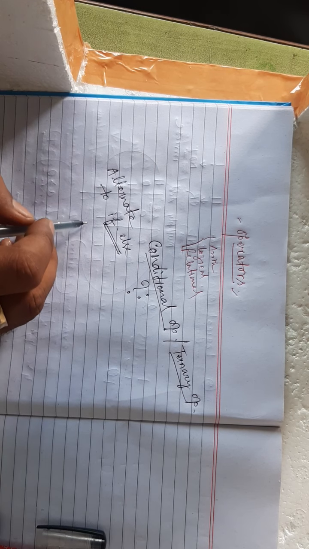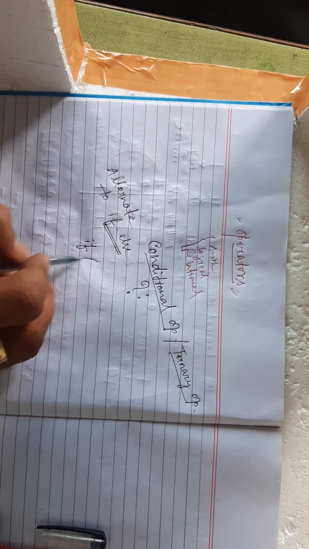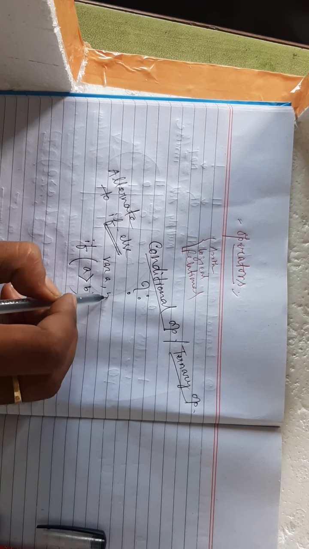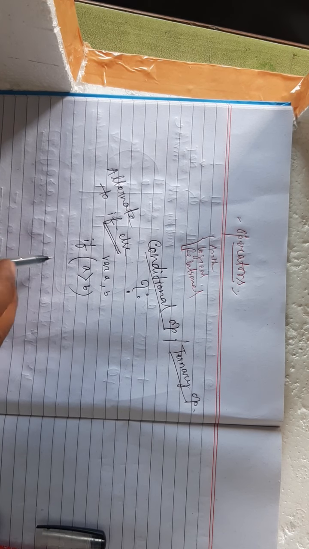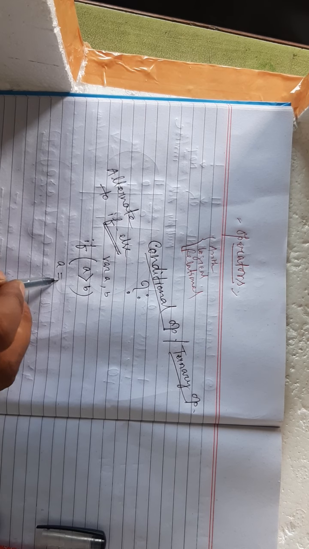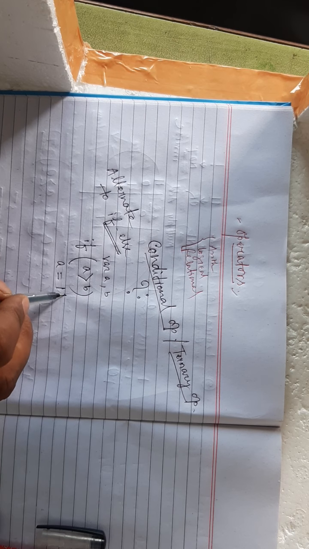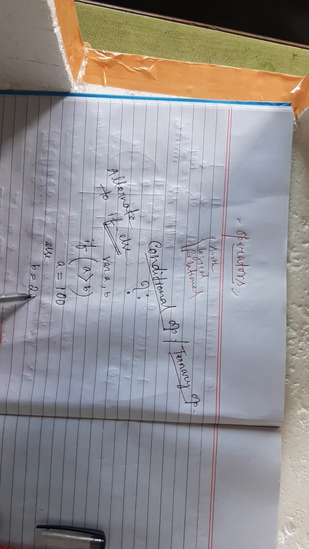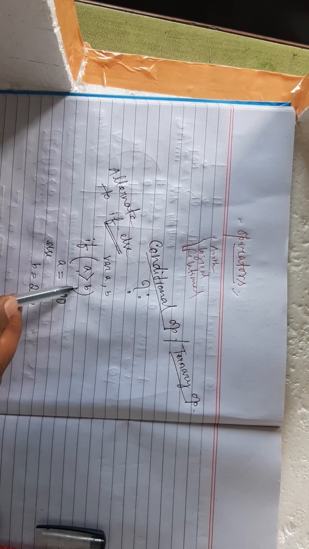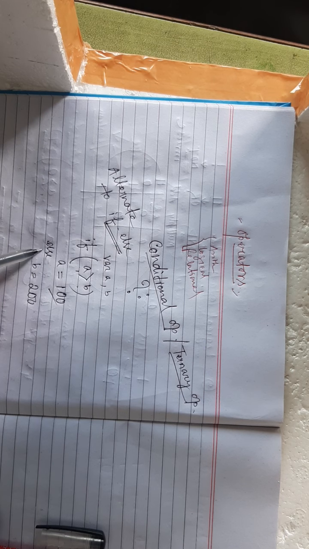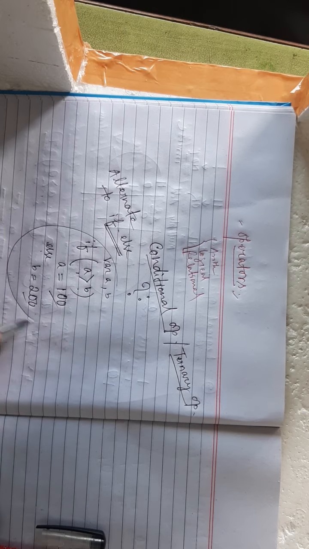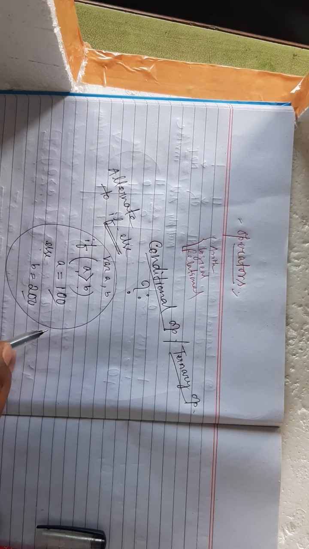Suppose I am writing one if else statement: if a greater than b, where we have two variables a, b, then a equals 100, else b equals 200. If a is greater than b, then the value of a will be 100, otherwise the value of b will be 200. Now we'll convert this if else statement into a conditional operator.